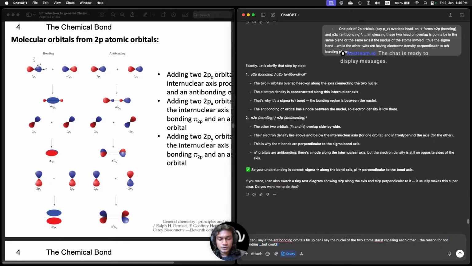But could you also explain how the electrons behave? How is the anti-bonding orbital being filled? It results in the non-bonding of the atoms.